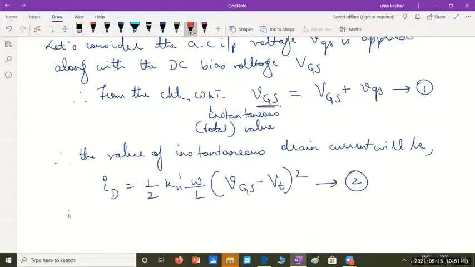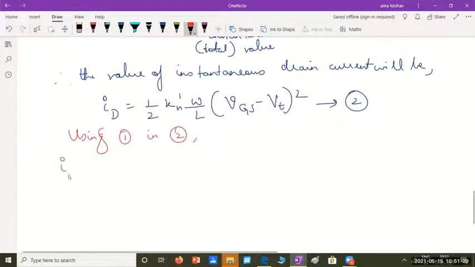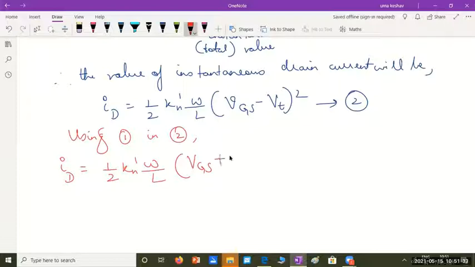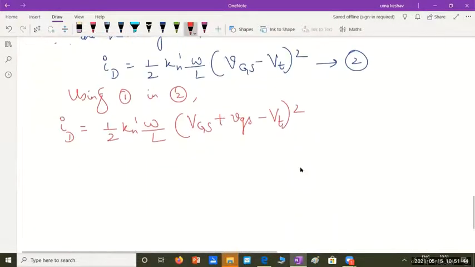So what do you get using equation 1 in 2? iD is equal to half Kn dash W by L, here I have capital VGS plus small vgs minus VT, the whole square. So I have put this instantaneous voltage as capital plus small, DC plus AC.